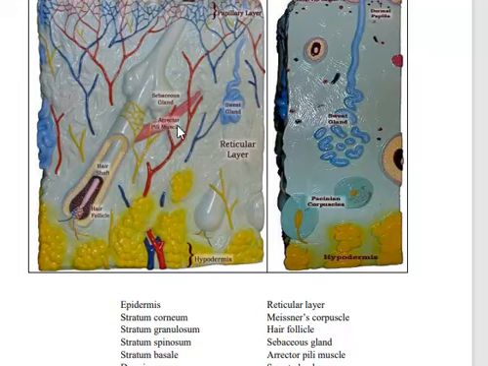Your papillary layer, over here you can see it a little bit better in this picture. And again, this is going to be your fingerprints. Here's your Pacinian corpuscle, and it's deep. It's right above the hypodermis. So it's going to be way down here.